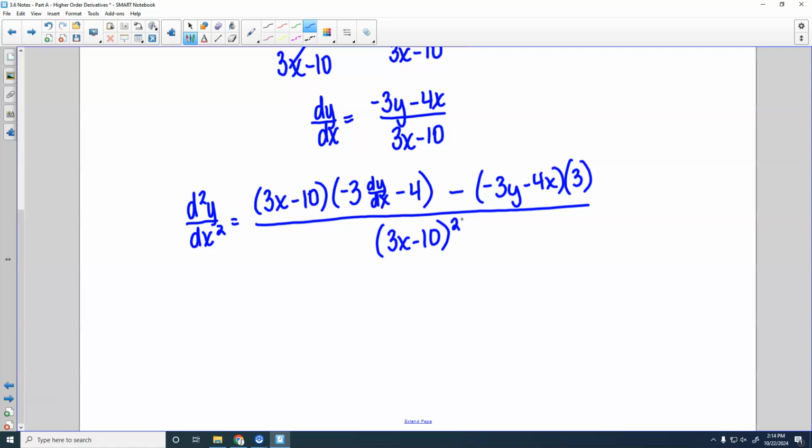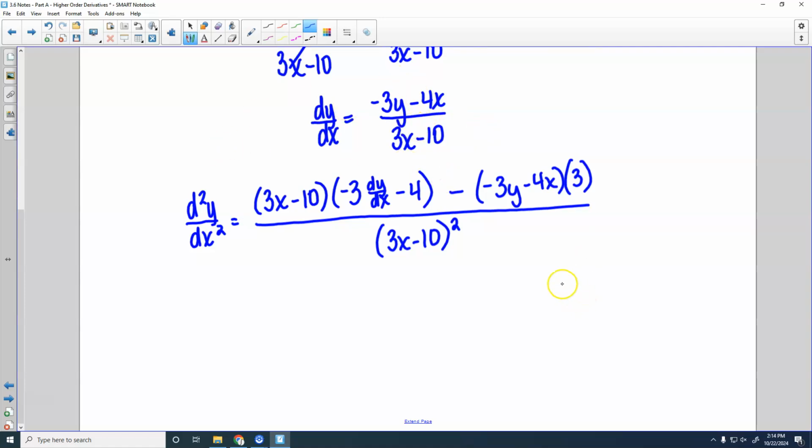Now, if we were doing this problem for FRQ, we would not be done yet, but we could go ahead and just plug in for dy/dx and leave it like it is. And there will be times where you see problems like this, and that's what you want to do. You don't want to try to do any crazy simplification.